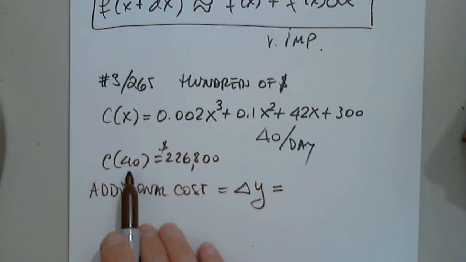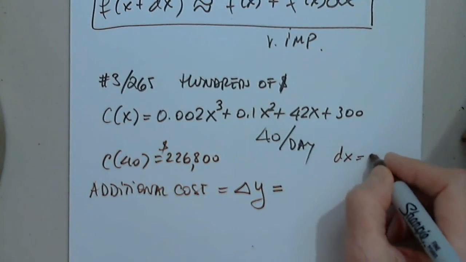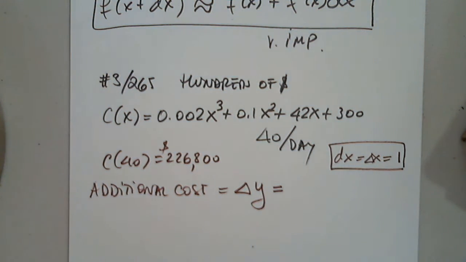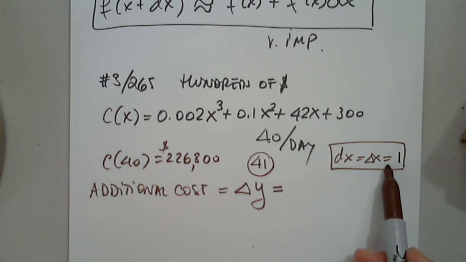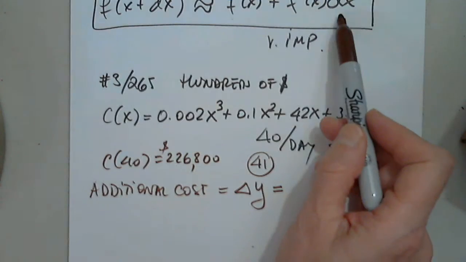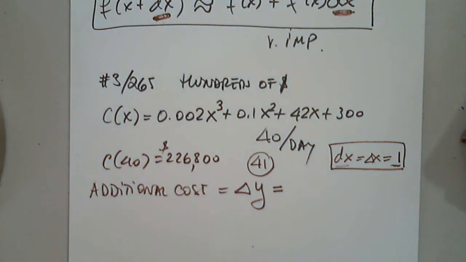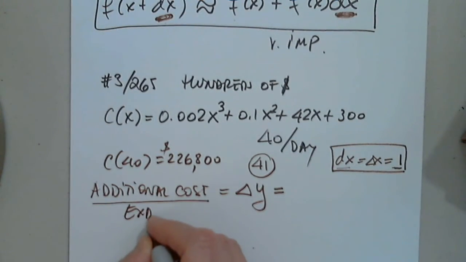So now I'm not producing 40, I'm producing 41, which means the dx and the delta x are 1. That's if you want the so-called error or change. I no longer want to produce 40, I want to produce 41. So in order to produce 41, I'm really looking at a change of 1. So that's my dx. But I'm asked right now for the exact.